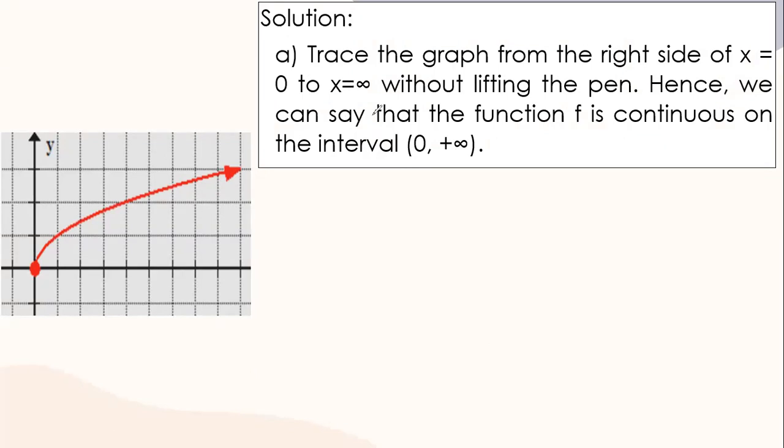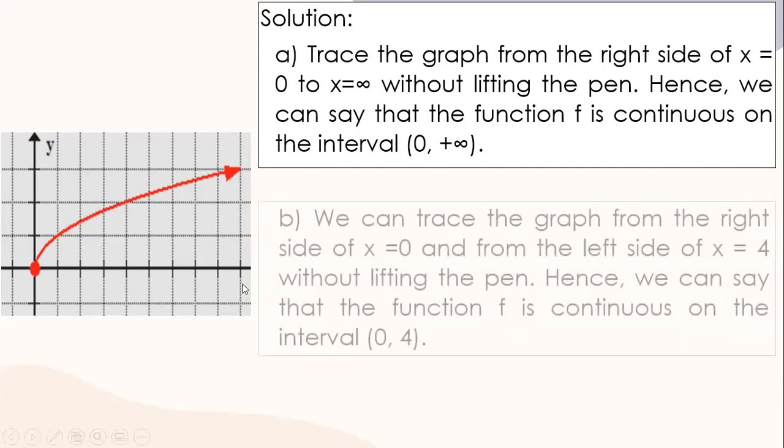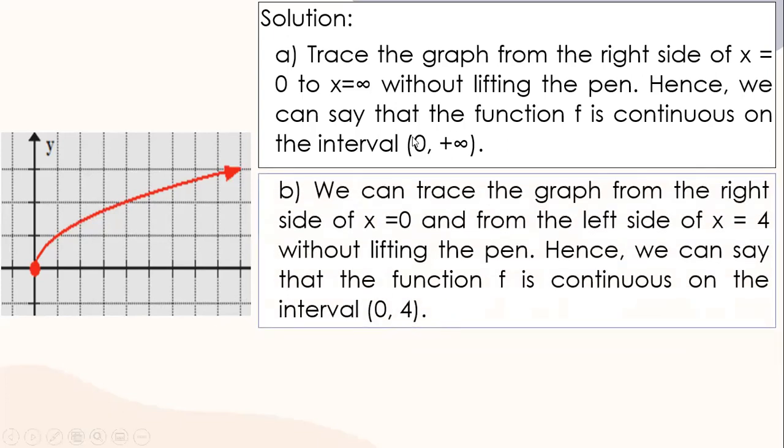For letter B, interval 0 to 4 naman, so is the graph or function continuous at 0 hanggang 4? Okay, so we can trace the graph from the right side of x is equal to 0 and from the left side of x is equal to 4 without lifting the pen. So asan ba yung x equal to 0 hanggang 4?